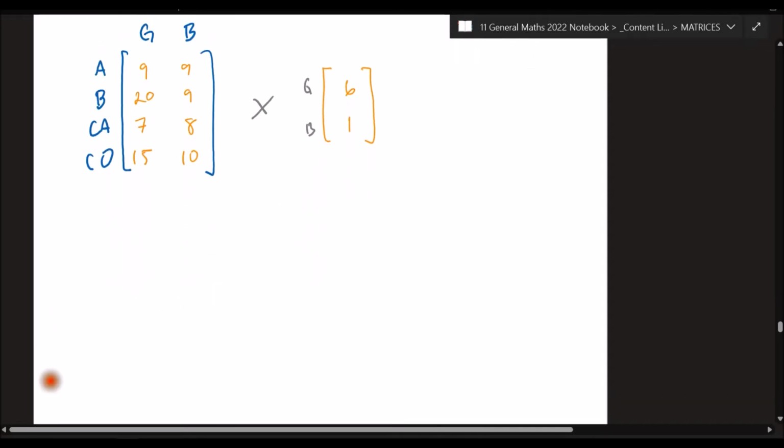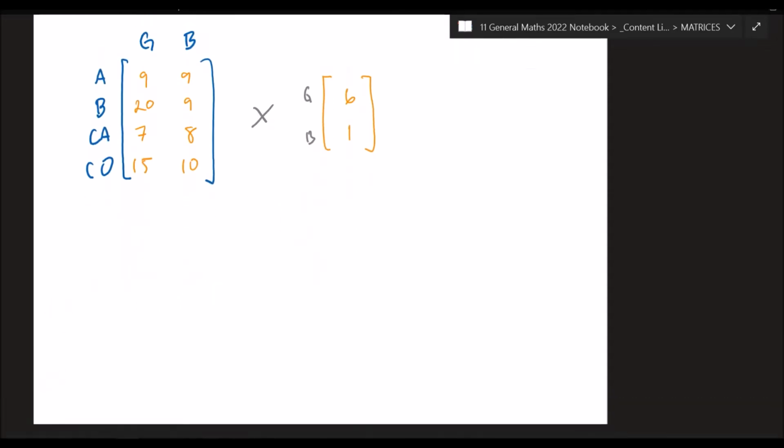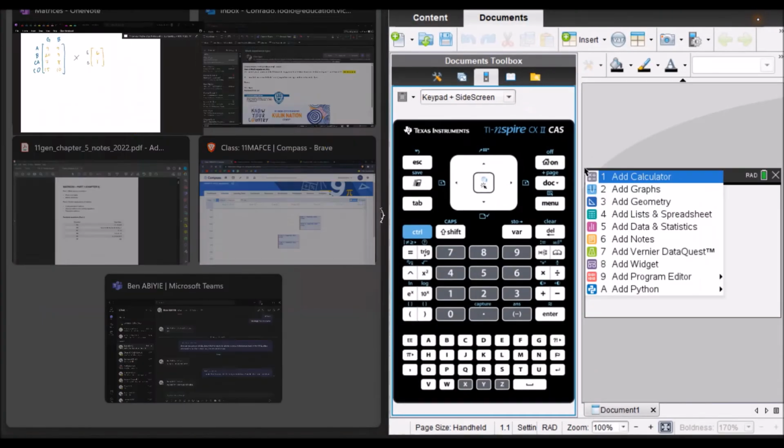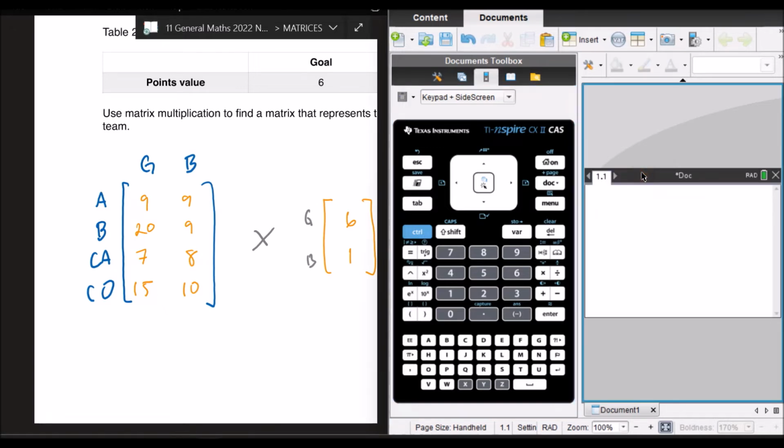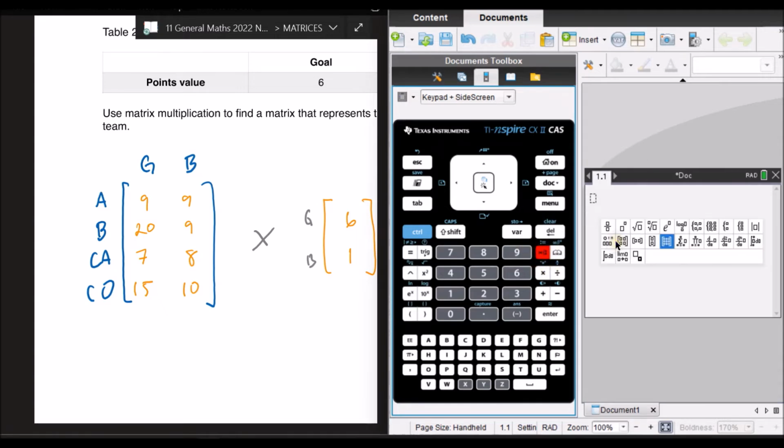Let's do this on our calculator so that y'all get used to using your calculator for these sorts of questions. Okay, so get your calculators out. Remember, for this, just go add calculator and then press that little button next to the book. Okay, remember what these represent. So that's a 2 by 2 row matrix, column matrix, and this is our custom. So for the first one, it's got 4 rows, 2 columns.